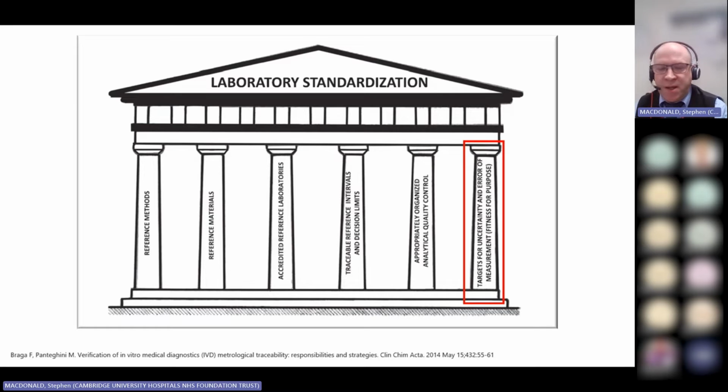So I think the point is that it is a very fluid process. It's a very interactive process between all of these pillars. It's certainly not sequential. And when we have something that then feeds back into processes previously, that's able to then drive the standardization forward.